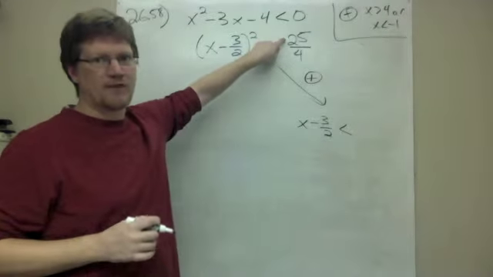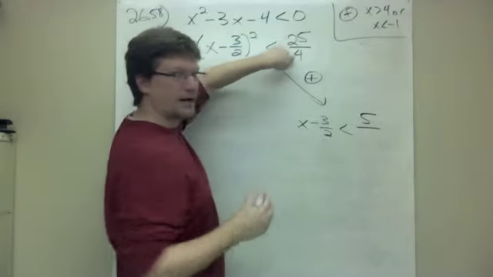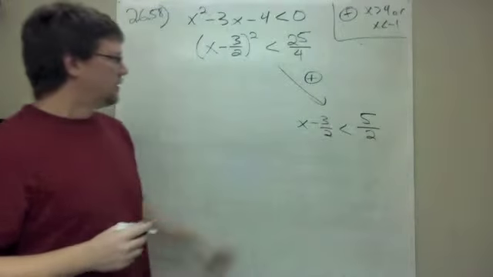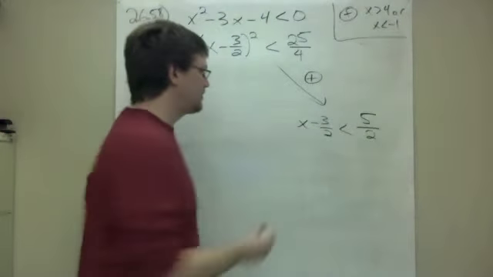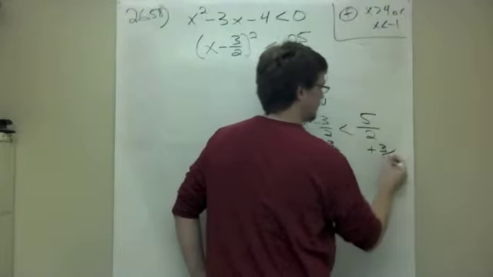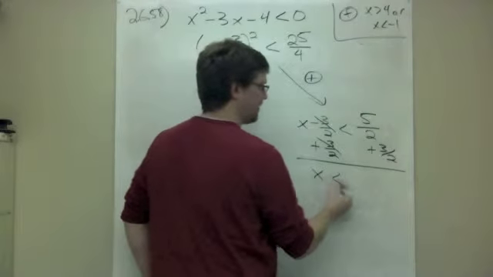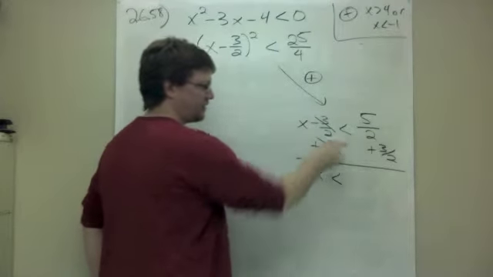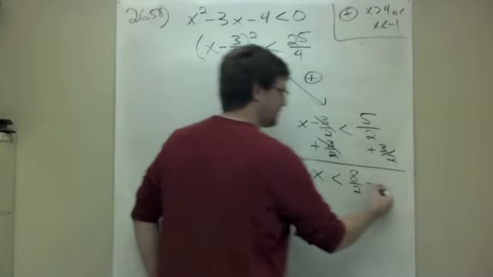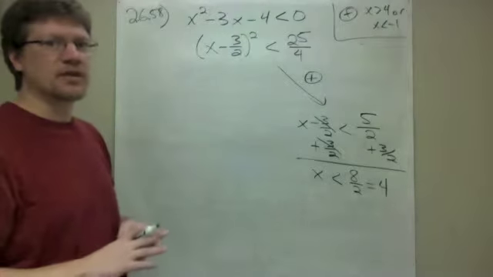The square root of 25 is 5, and the square root of 4 is 2. If we add 3 halves to both sides, it cancels over here, leaving x less than 5 plus 3 is 8 halves, but 8 halves is of course 4. So x is less than 4 on the positive side.